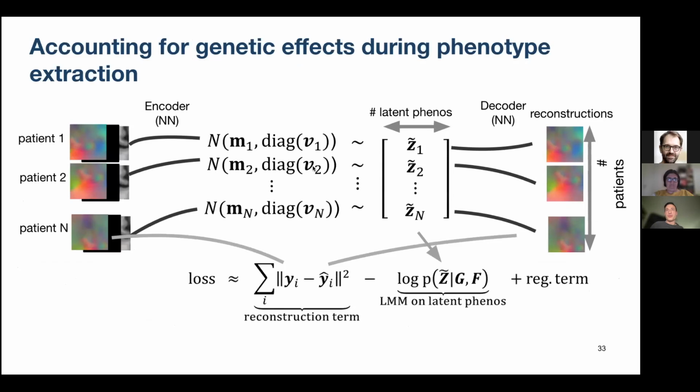But here the main focus is really: yes, we can use a variational autoencoder in this setting and it is advantageous, but can we actually add genetics in and model genetic effects during the phenotype extraction step?